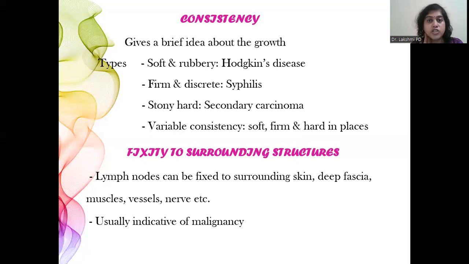There might be a temperature raise, but invariably all of them will be freely movable. The moment you feel that any of that lymph node, that is any of that swelling, is not freely movable, it means that it is fixed to the surrounding structures, which is definitely indicative of some underlying malignancy. It could also be a secondary metastatic lymph node.